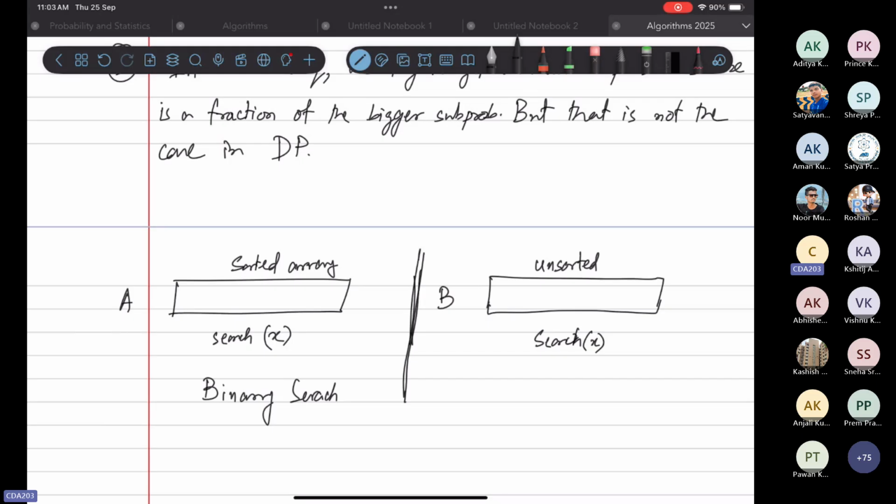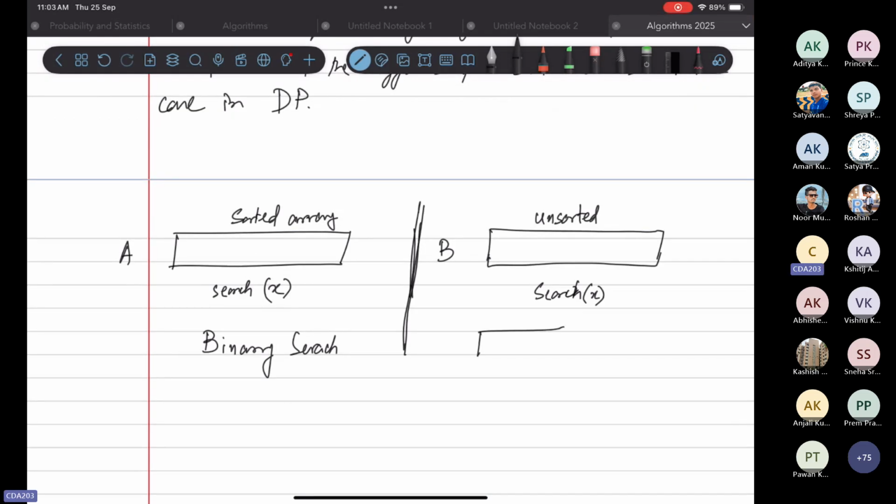Can I use some divide and conquer approach? Can you think of a smaller subproblem of this?